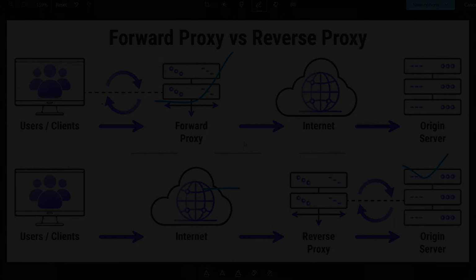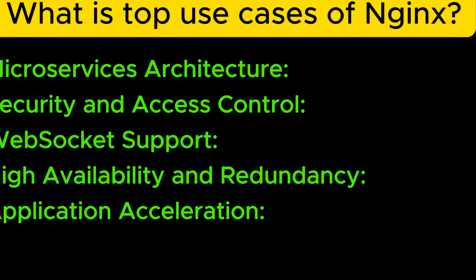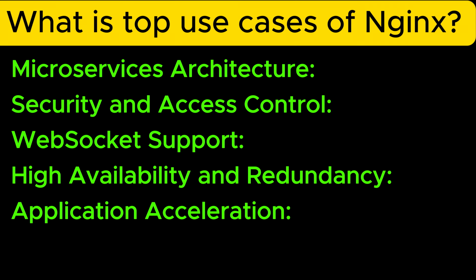Apart from it, there are a lot of benefits, like in microservice architecture. NGINX is often employed as a reverse proxy or load balancer to manage communication between microservices. It provides a unified entry point for client requests and routes them to the appropriate microservices.